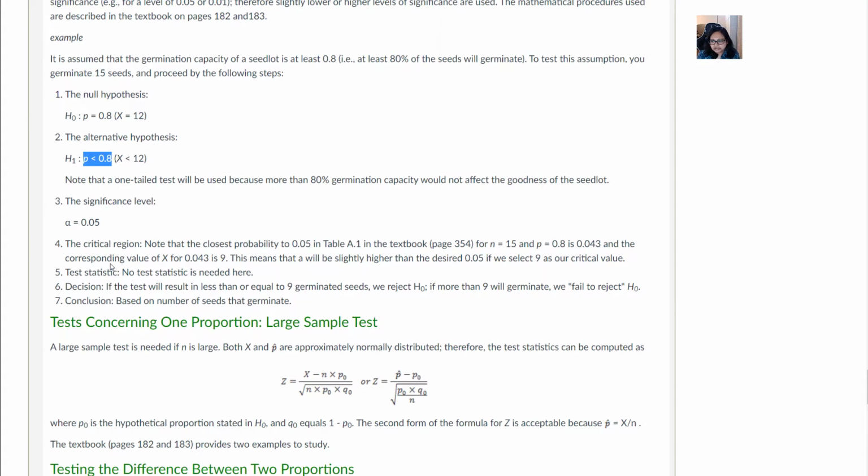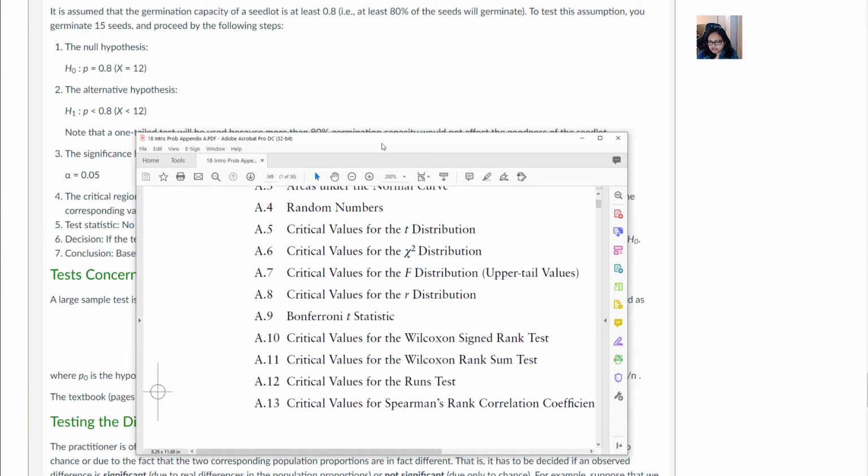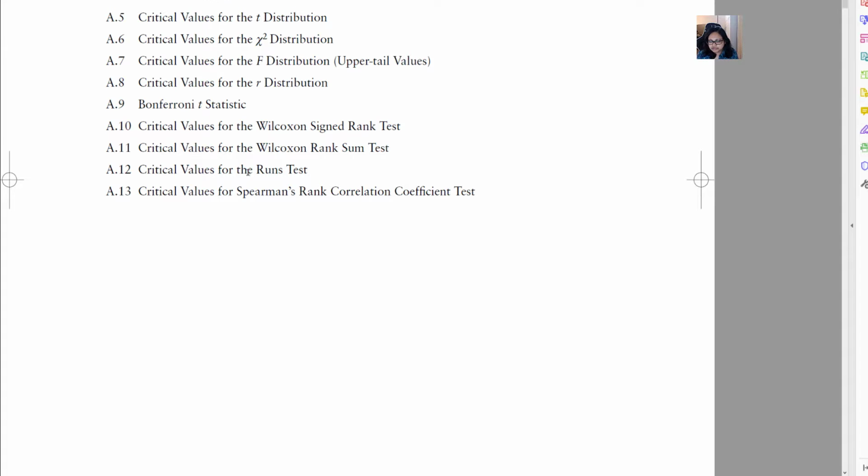So that's what we said, and then using the level of significance 0.05, we have to go to table A1. In table A1, a lot more things we have to consider. You can see the sample size 15, proportion is 0.8, and then we need to find the value in the table. Let's go to the table. It says the binomial probability table, and we have to use that.